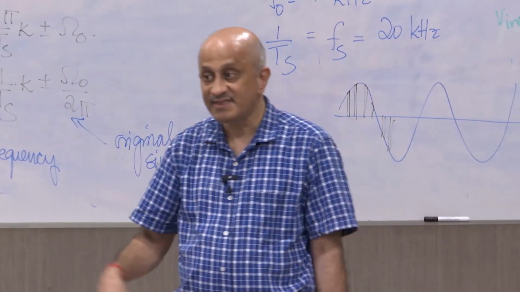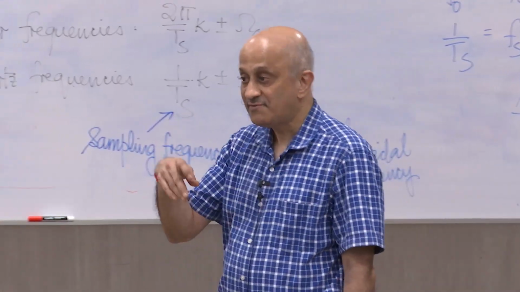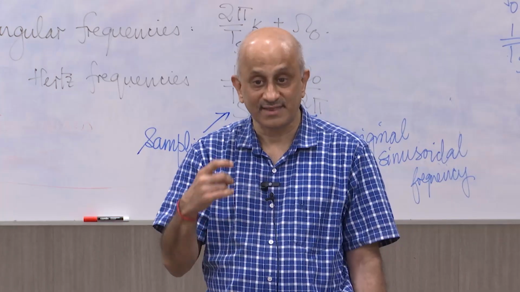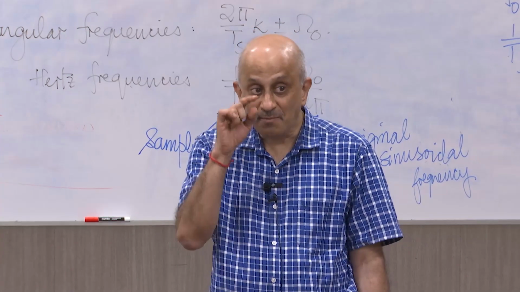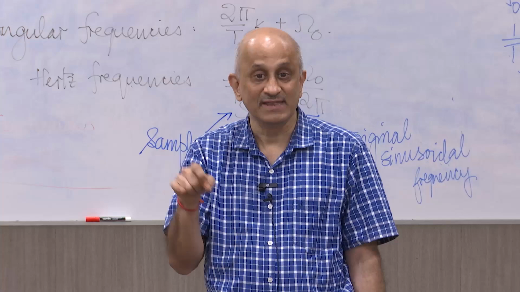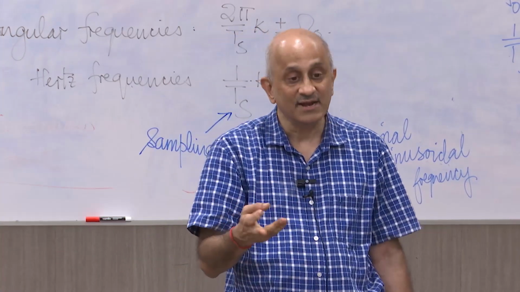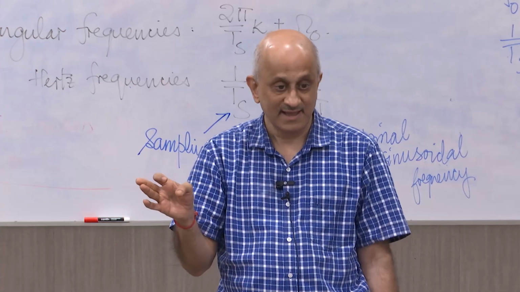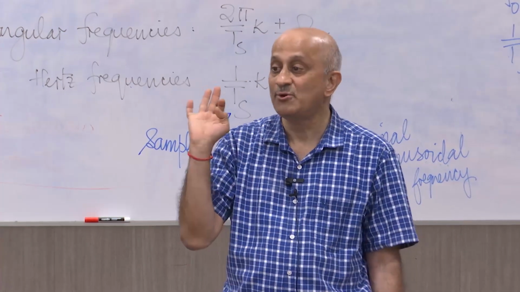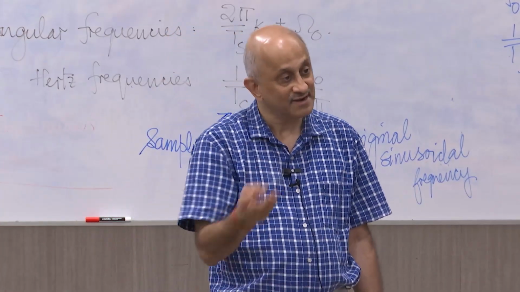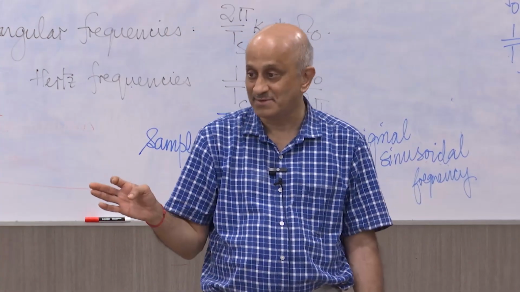When you sample a signal, you get several samples and you ask, can I reconstruct the signal from its samples? You can very easily reconstruct a signal from the samples because there are a million ways of interpolating between the samples. You can always reconstruct a continuous time signal from the samples.